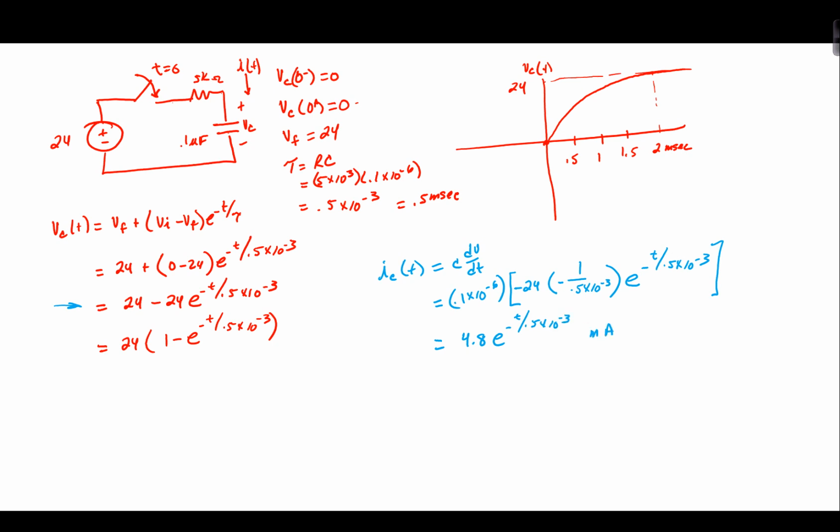Notice that it's positive. The current is positive, meaning that according to our reference, it is in fact flowing in this direction, as we expect, because when we close the switch, current is going like that.